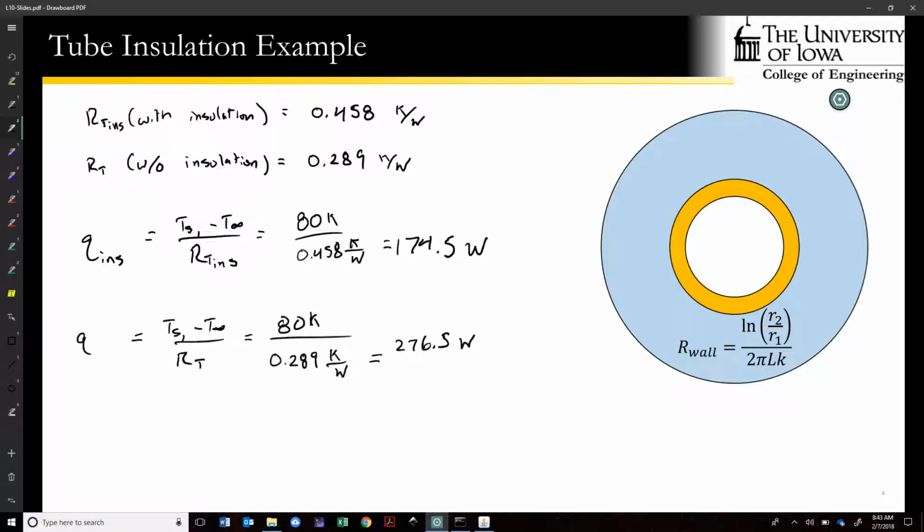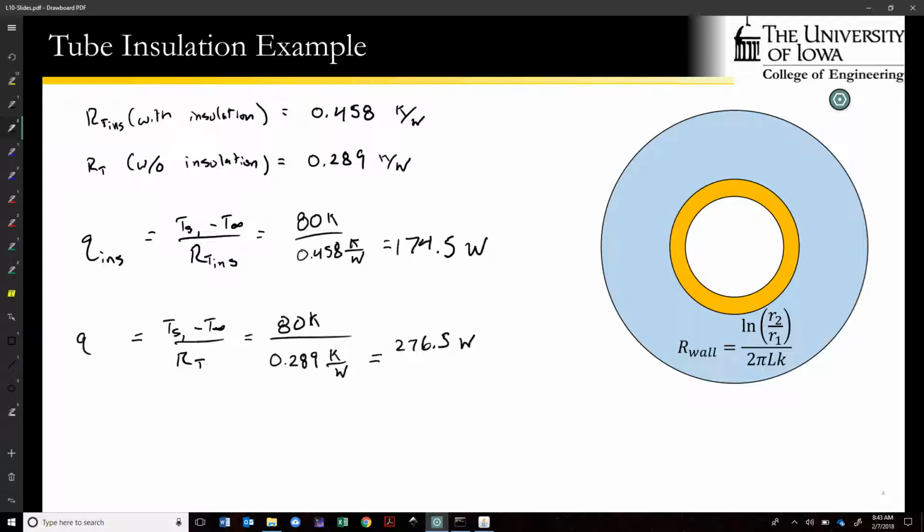This should be pretty obvious, right? This is why you see foam wrapped insulation all over hot water pipes, etc. But something that's less obvious is the fact that we talked about how when you use the smaller pipe, your convective resistance will actually be higher because you have less surface area for convection to occur on.